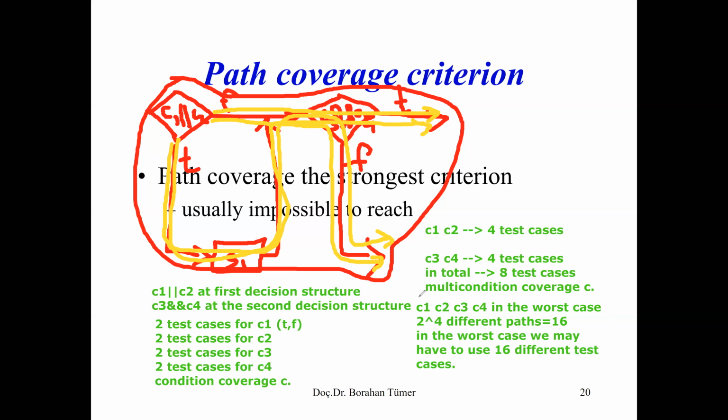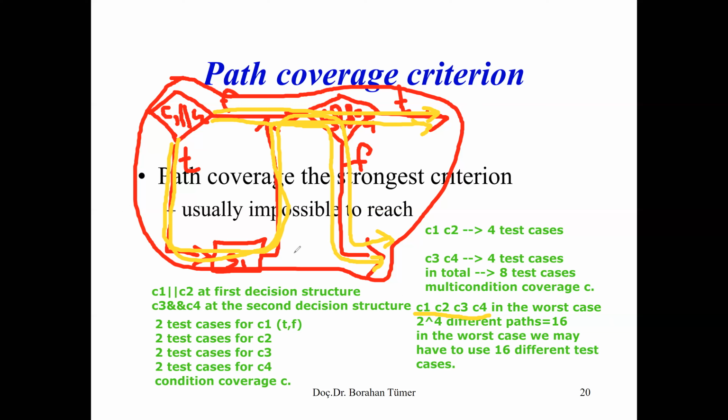Out of all possible truth combinations of these 4 predicates, what we may get for this specific example is only 4 different paths, all right?